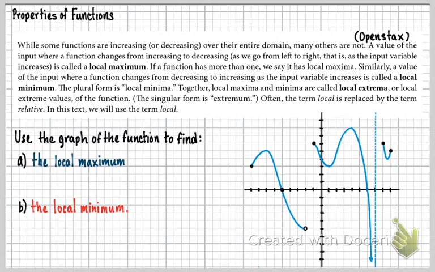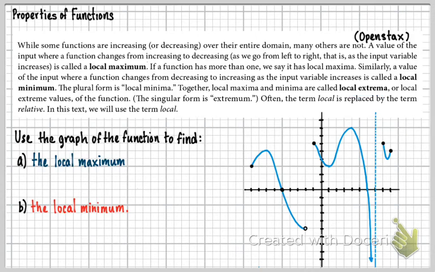Similarly, a value of input where a function changes from decreasing to increasing as the input variable increases is called a local minimum. And if it's more than one, local minima. Together, local maxima and minima are called local extrema.